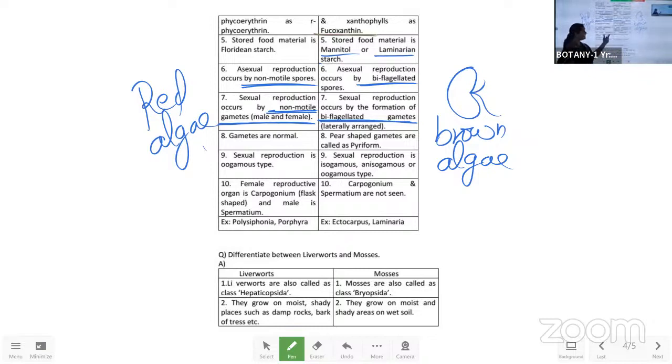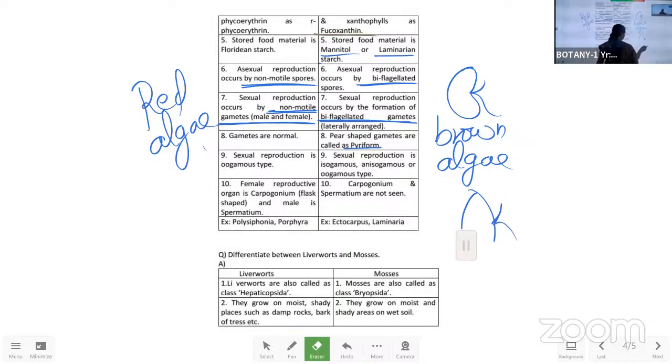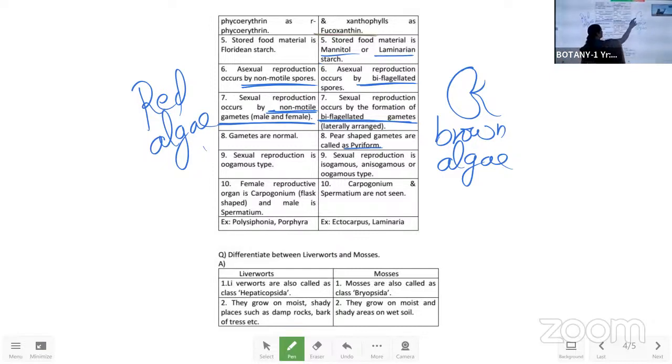So the gamete has a specific shape in the brown algae. Why have I drawn it only like that? Why not like this? That is the specific shape for the gamete in the brown algae. So these are biflagellated. Only 2 flagella are present for the gametes, on the lateral side, in the brown algae.